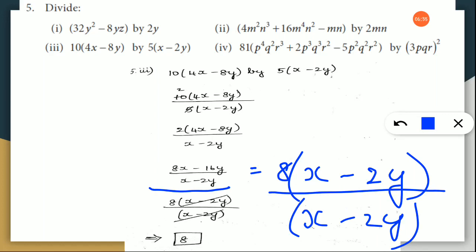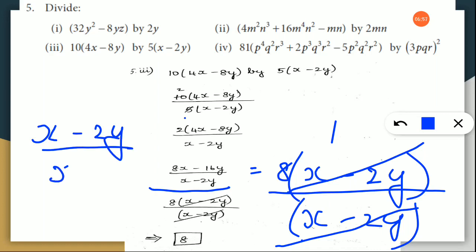Since the entire term is the same in the numerator and denominator, we can just cancel it out and say it goes one time. As we cancel out other numbers, these small expressions can also be cancelled, if it is the same and if it is inside brackets. Suppose it is x minus 2y in the numerator and x minus 3y in the denominator, can you cancel this x like this?